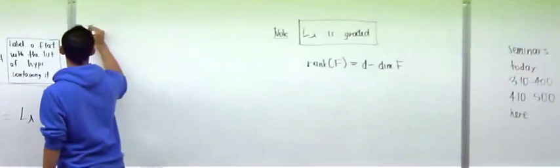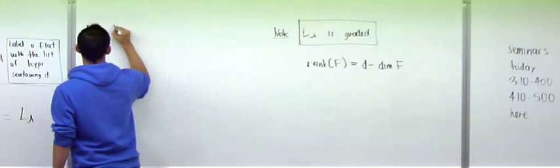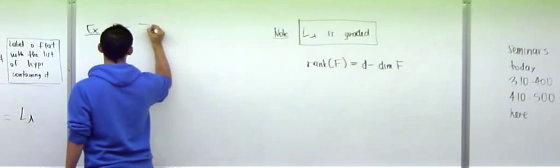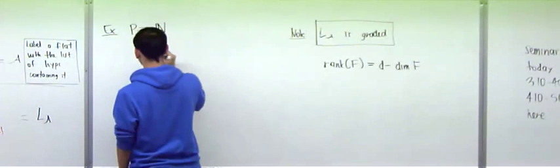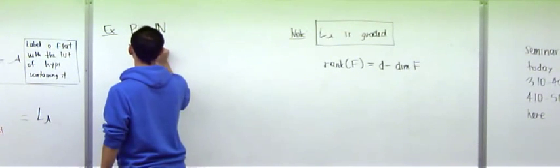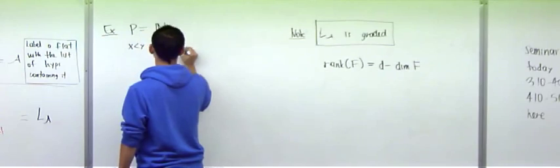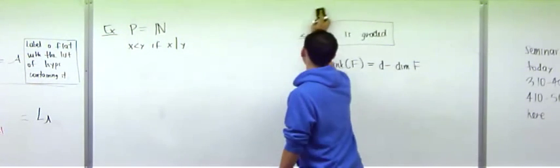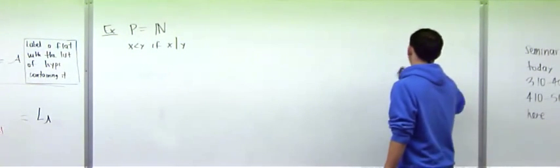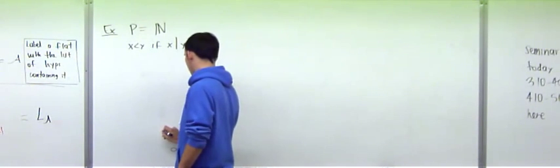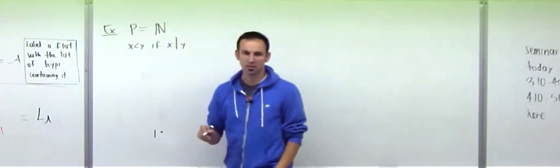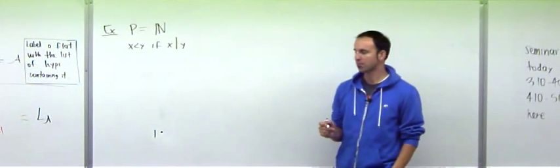Example: the poset consists of the natural numbers, and we say that x is less than y if x divides y. Okay. So what's the minimal element? There's a unique minimal element. It's called 1, and it's the natural number that divides everybody.